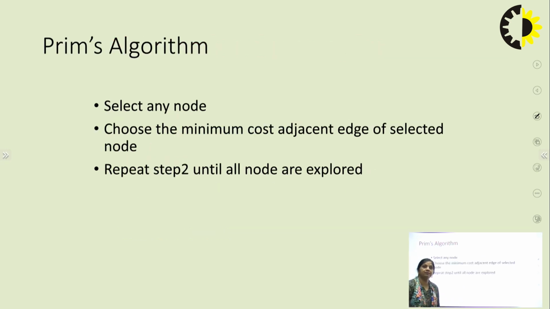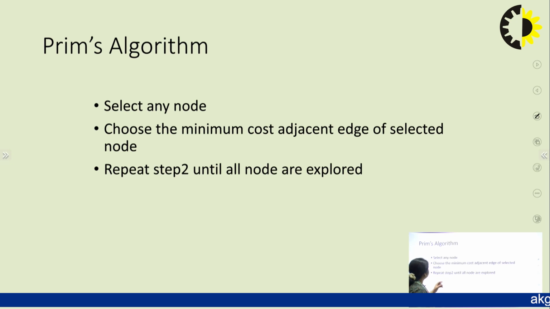First one is Prim's algorithm. In Prim's algorithm, we select nodes. Select any node; any node can be taken as the source node. Then we choose the minimum cost adjacent edge. From the node we have considered, we take the minimum cost edge of the selected node, and we go on doing this until all the nodes have been explored.